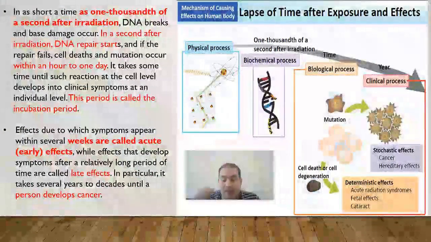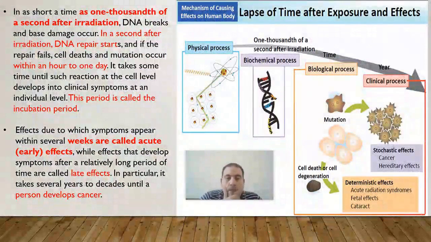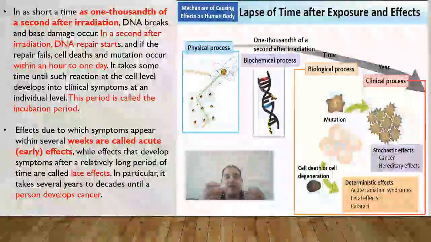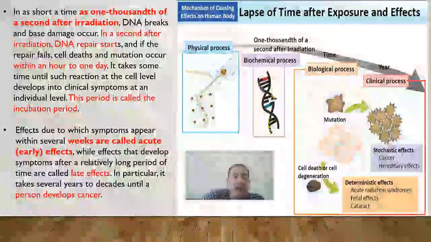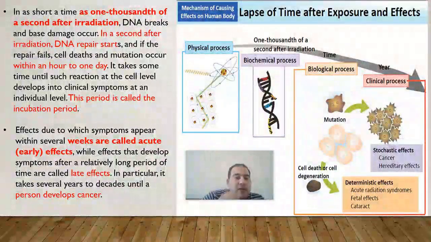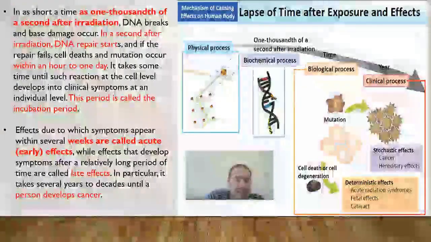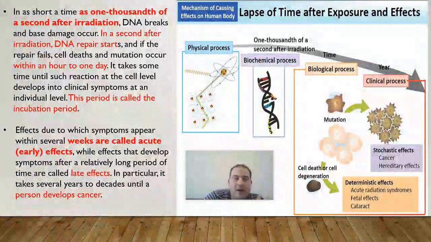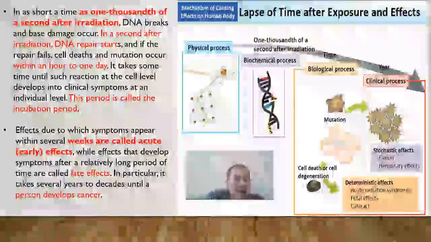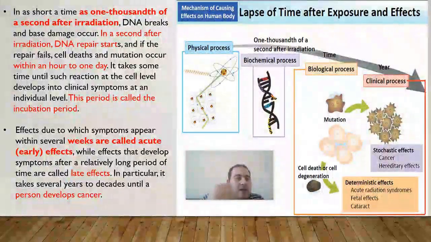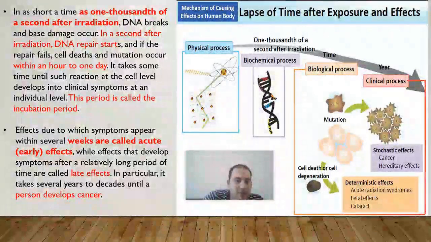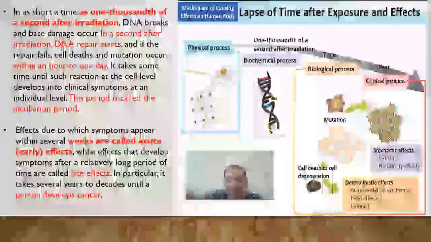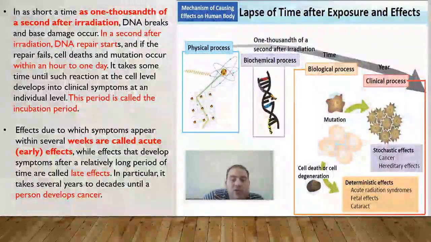Let's see how this happens over time. The interaction between radiation and our body involves free radicals that break down DNA. You can imagine it takes a period, but it actually occurs in a fraction of a second. After one thousandth of a second, the breaks start to happen and base damage begins. After 1 second of exposure, the repair process starts.